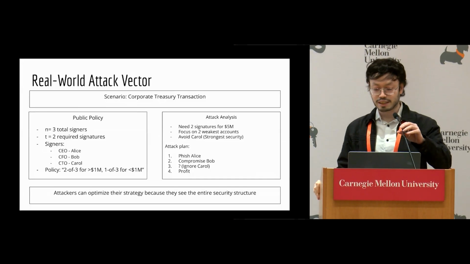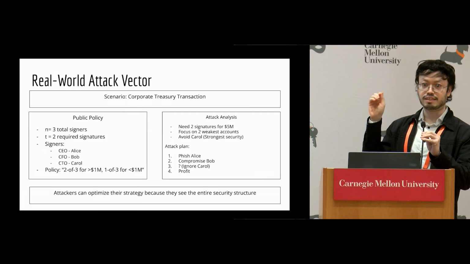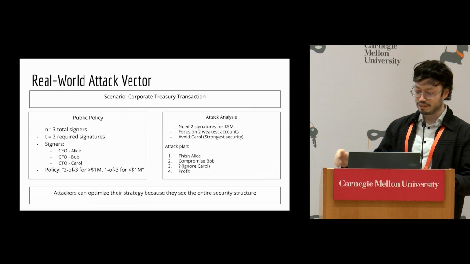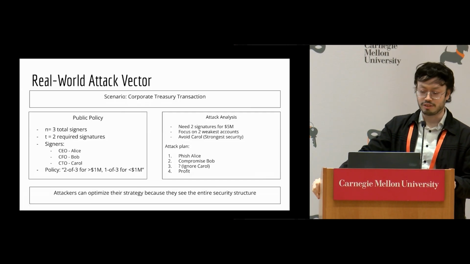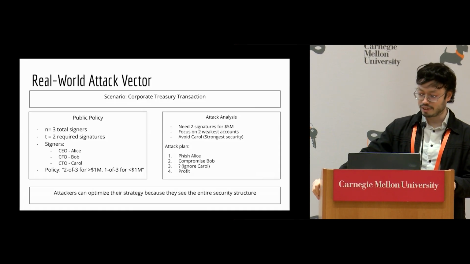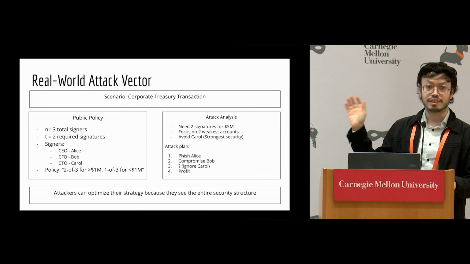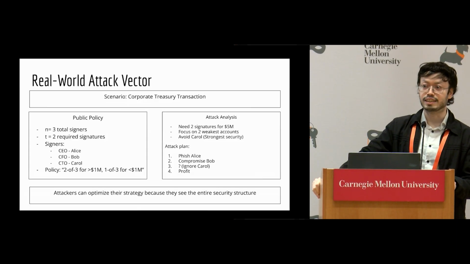So what an attacker could do is, by looking at this transaction structure, they could say, okay, I need 2 signatures for $5 million. I can focus on the 2 weakest accounts, okay? And the attacker may know that Carol, being the CTO, is kind of the strongest technically.